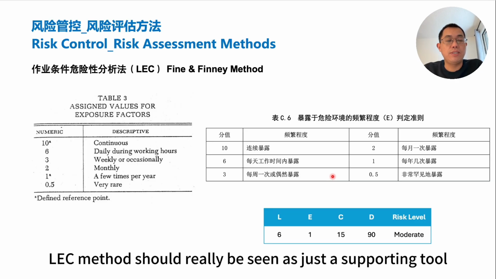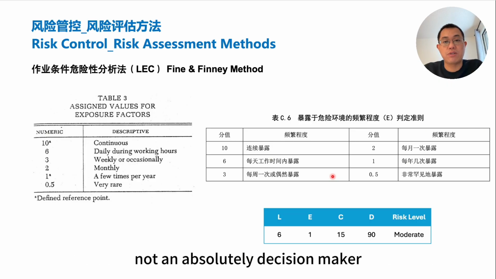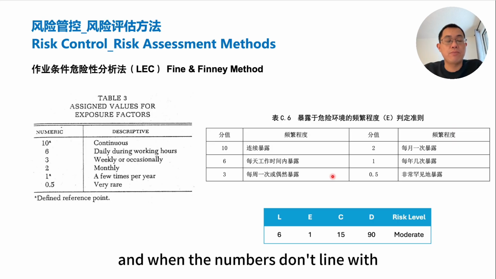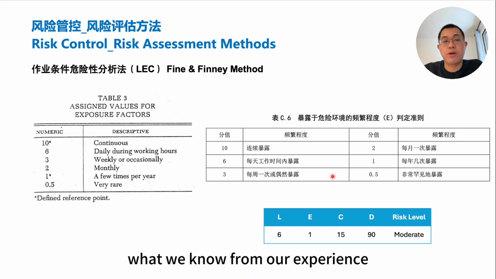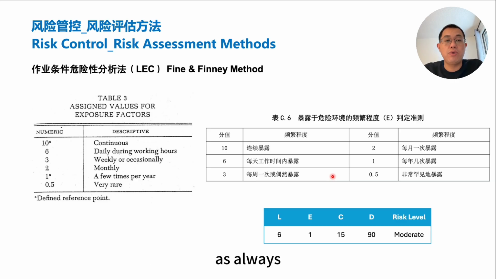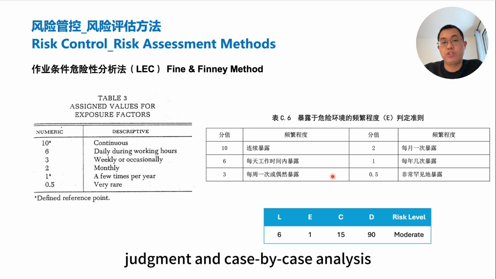So the LEC method should really be seen as just a supporting tool, not an absolute decision maker. And when the numbers don't align with what we know from our experience, we should not blindly follow them. As always, it comes down to professional judgment and case by case analysis.